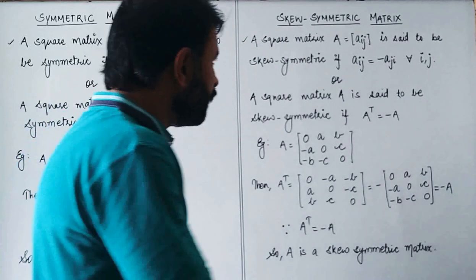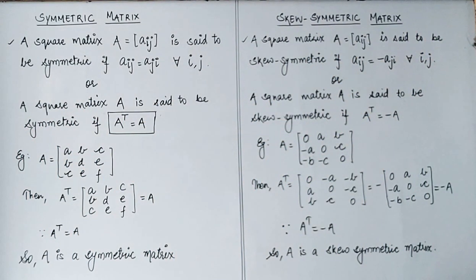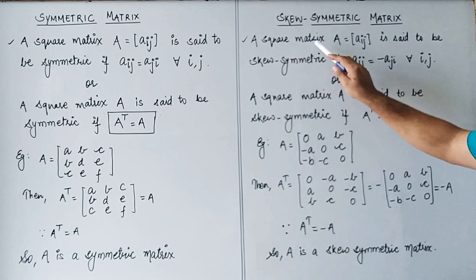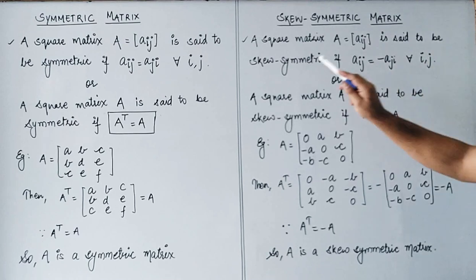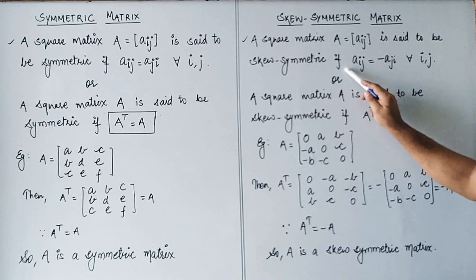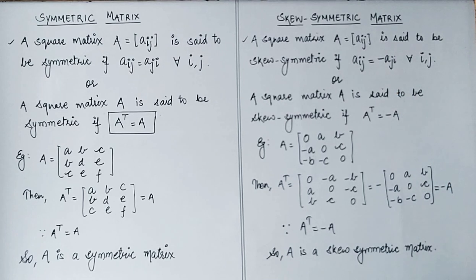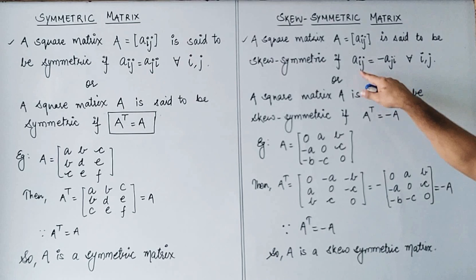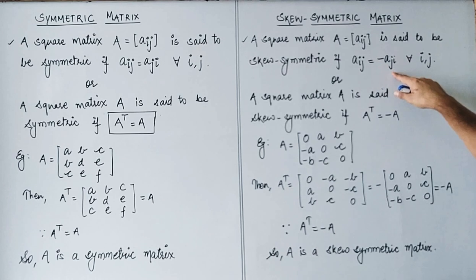Now, in this part, we'll learn what is a skew symmetric matrix. A square matrix A with elements Aij is said to be skew symmetric if Aij is equal to minus of Aji for all i and j. It means the element of ith, jth position must be equal to negative of the element of jth, ith position.